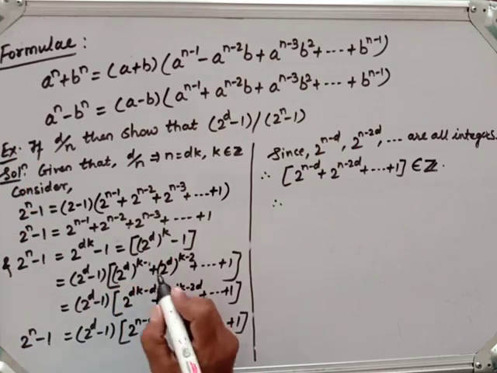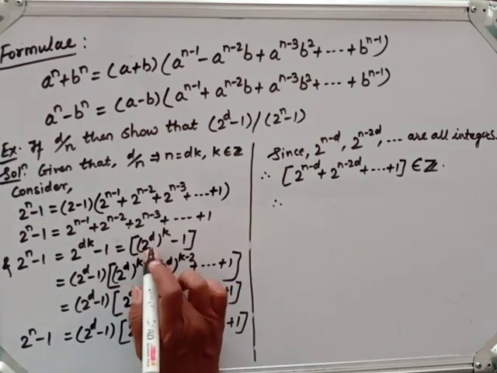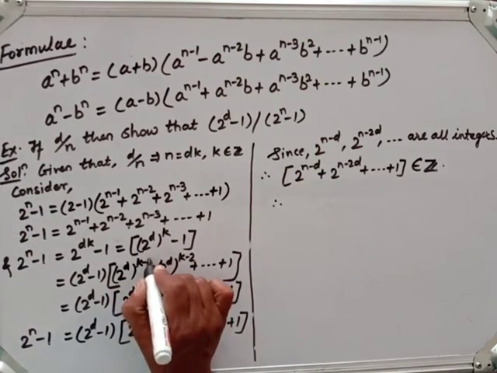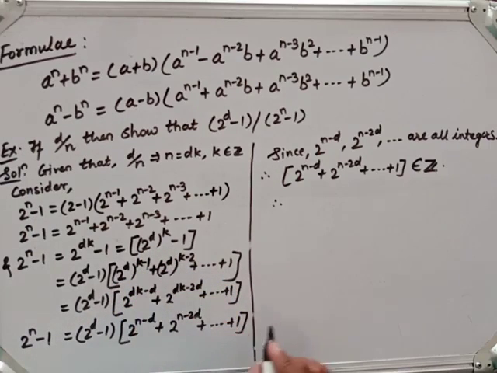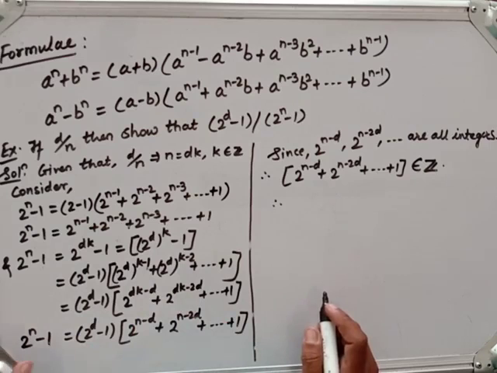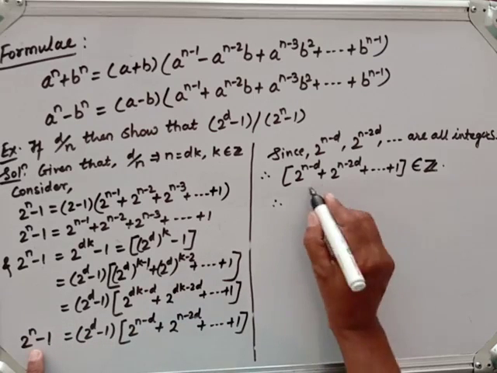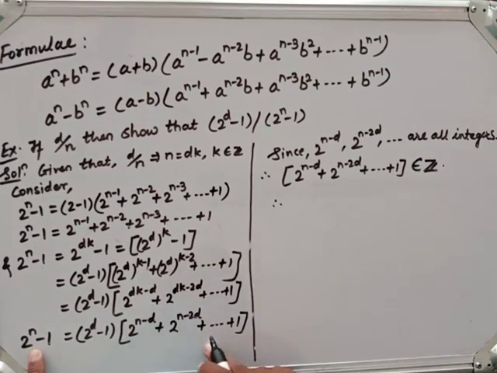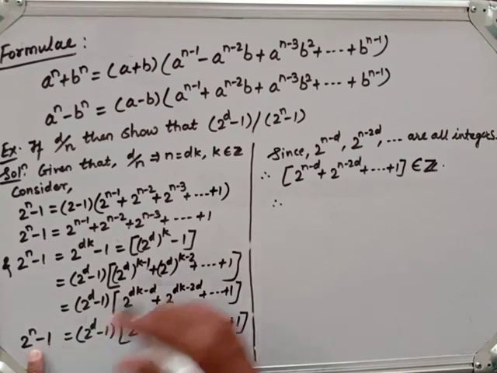Then we can easily get this one. Fine. Here k minus 1. Now here this term is a multiple of these ones. So this term is a divisor of this. And this is an integer. Here clearly we got this.